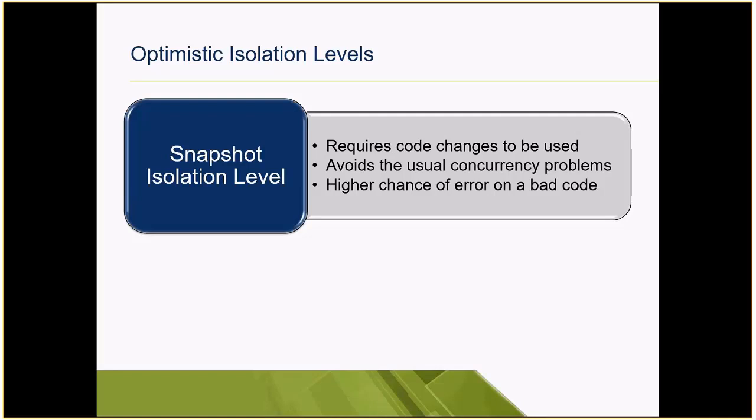This isolation level avoids the usual concurrence problems that I demonstrated in our last meeting, for example phantom records and non-repeatable reads, concurrence problems that can happen when many people are using the system at the same time. This isolation level avoids these problems.